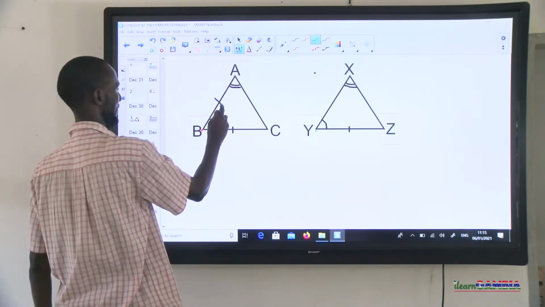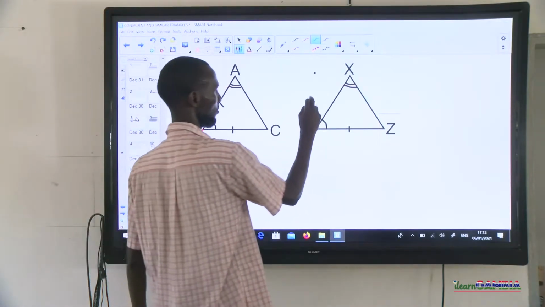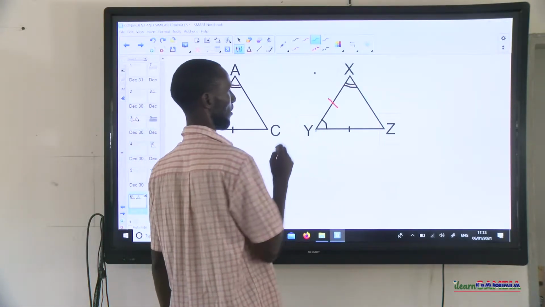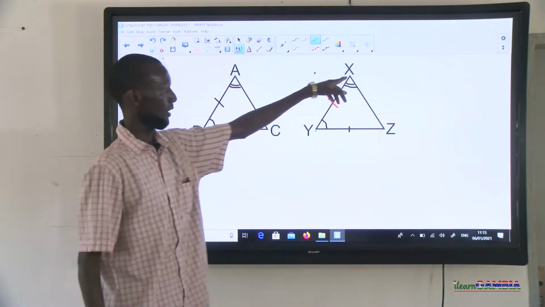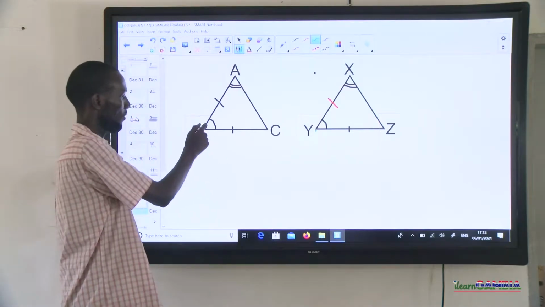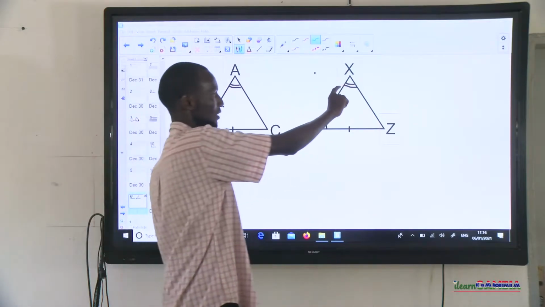Side AB of triangle ABC is equal to side XY of triangle XYZ, these two sides are equal. Observe that this angle and this angle are similarly located on the other triangle also, all right?